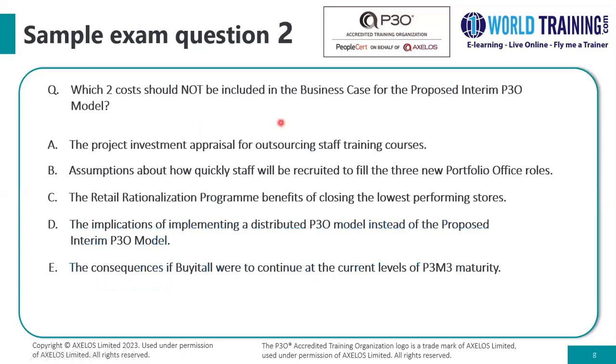Which 2 costs should not be included in the business case for the proposed interim P3O model?